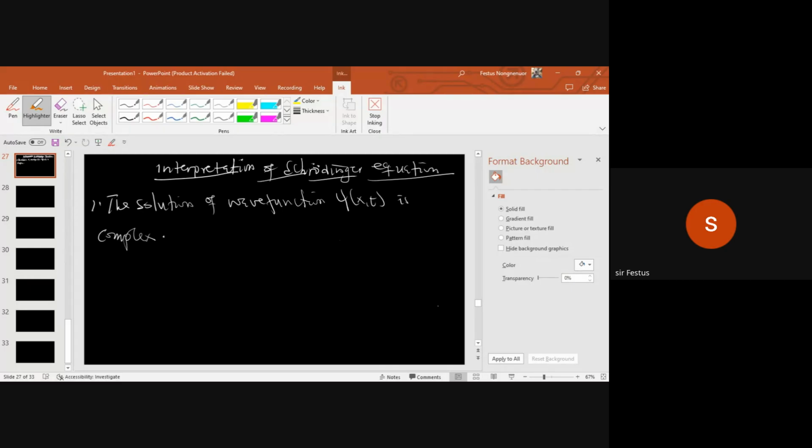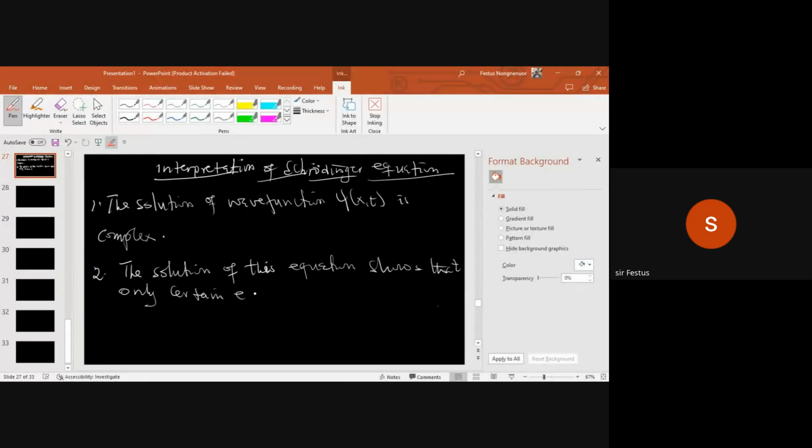So the second assumption is that this equation talks about quantization, that only certain energy states are allowed. Otherwise, they are quantized.